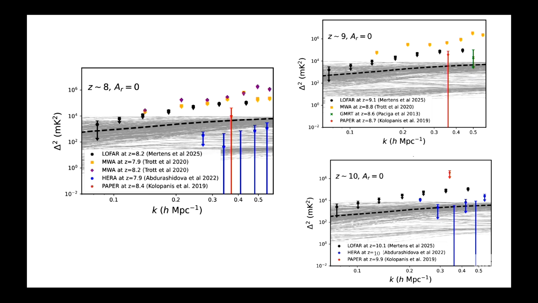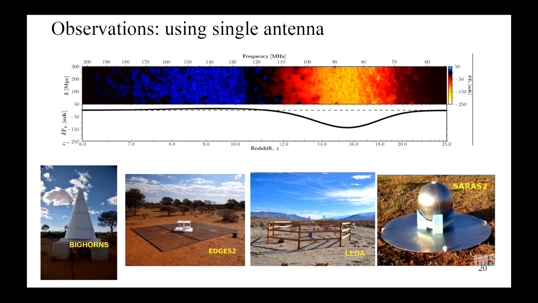And this is also true at redshift 10. This is roughly touching this limit at redshift 9, so it is not possible to rule it out there, but at redshift 10 it is ruled out. So this scenario is already ruled out at redshift 9.